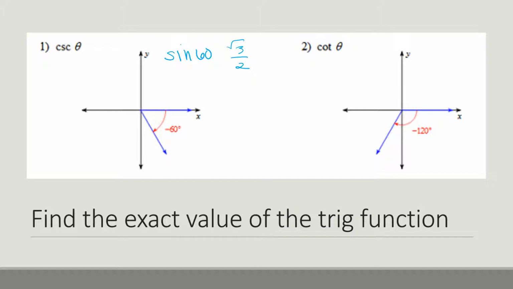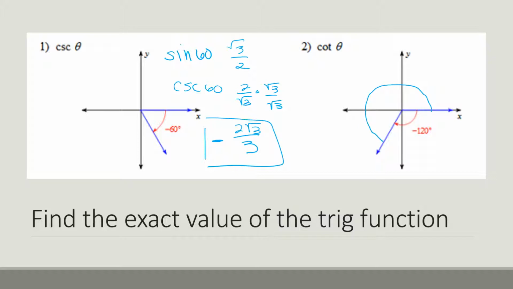So my cosecant is the inverse of that, and it is 2 over root 3 then. And then I've got to rationalize the denominator. So I get 2 root 3 over 3. And this is in the fourth quadrant where sine is negative. So it's negative 2 root 3 over 3.